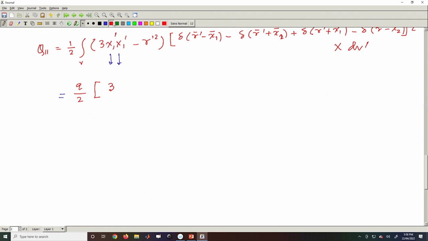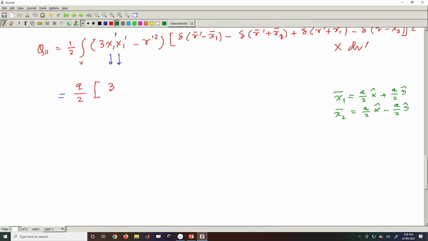My chi 1 vector is a by 2 x unit vector plus a by 2 y unit vector, and chi 2 vector is a by 2 x unit vector minus a by 2 y unit vector.